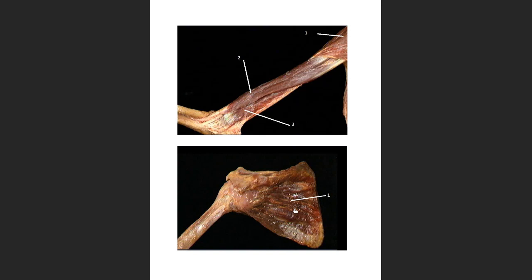Is that the subscapularis? And somebody remind me, was that on your list or not? Because I don't remember if it was. But it's the subscapularis, a muscle that covers the subscapular fossa. Okay. So number 1 is the subscapularis muscle.